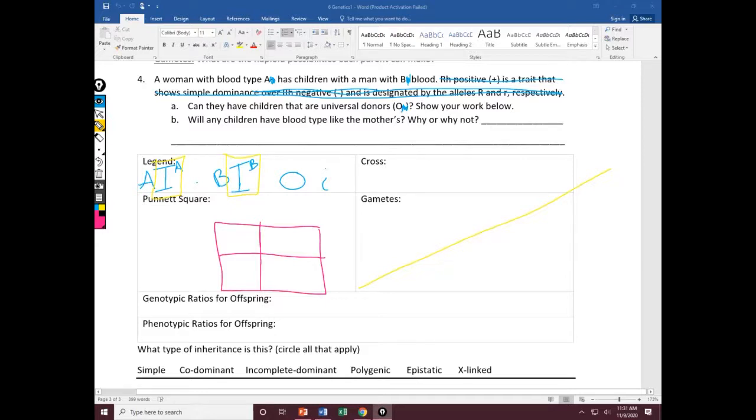What do we got for our cross here? So we know mom is type A. So what is her genotype going to have to be? Is that the only option?